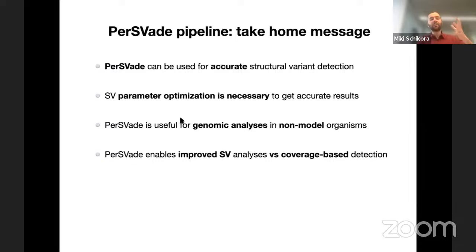With the example of Candida glabrata, I hope I've shown you that this pipeline is useful to do genomic analysis, especially in non-model organisms. And I've tried to compare the results we get with structural variant analysis by PerSVade versus a more traditional coverage-based detection, and we see that PerSVade improves these.